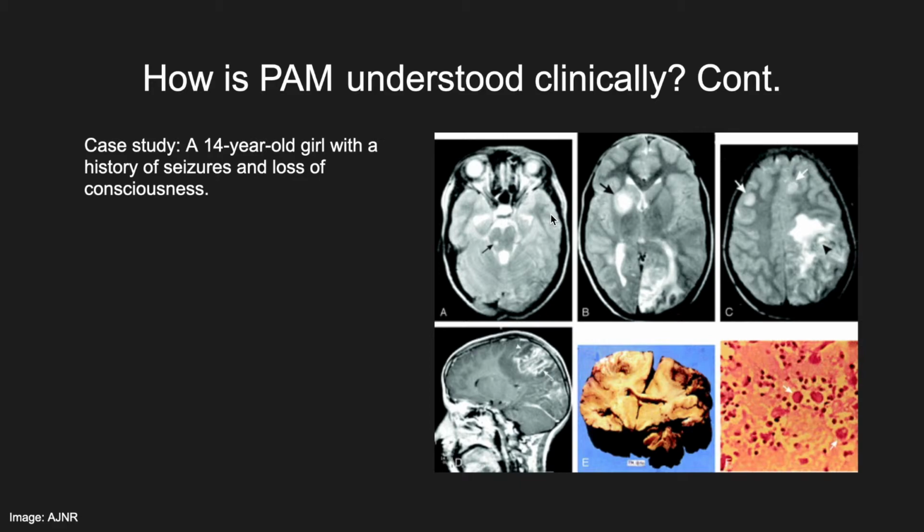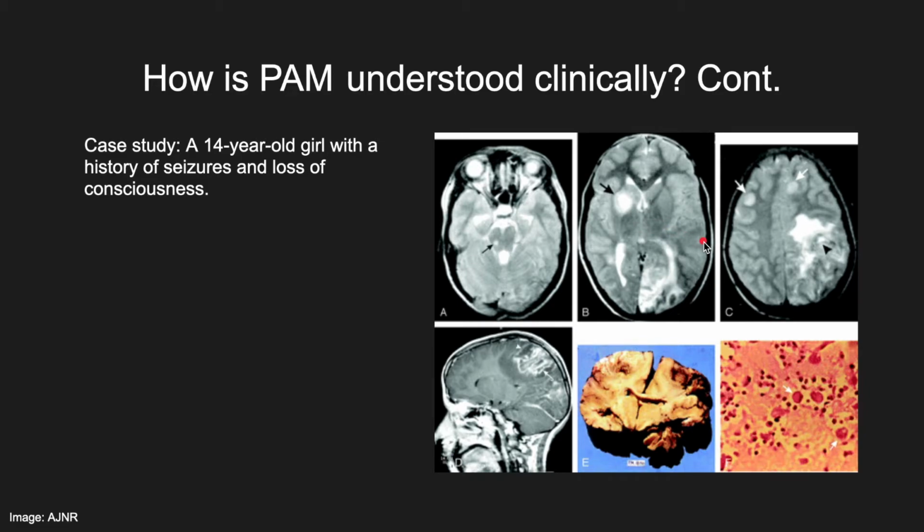These first 3 images just show multiple discrete focal hyperintense lesions at the corticomedullary junctions, the basal ganglia, and the midbrain. Those are shown here by these arrows. As you can see, the Naegleria fowleri have already begun to start eating at her brain.